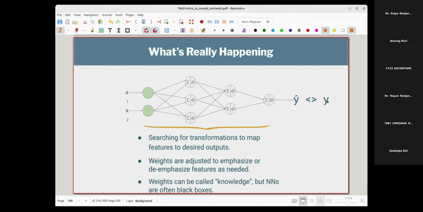And what are the W's? These weights are called knowledge. But we don't know what this knowledge is. Generally a neural network is a black box. But to learn this W, we say this W itself contains some knowledge. And this W is also called parameters. Remember, parameters always mean these weights.